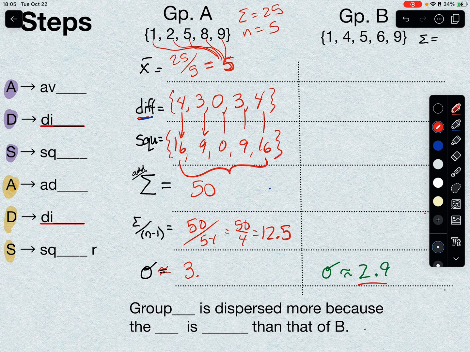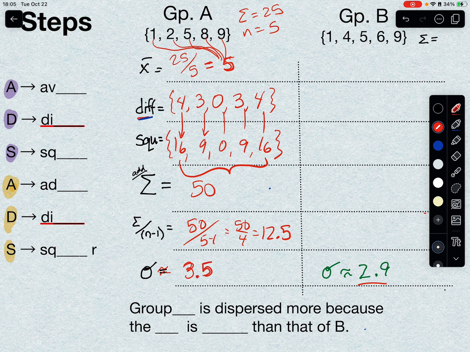I think, I'm going to grab my calculator. Second square root. Always hard to find on a calculator. Of 12.5. Okay, I got 3.535. So I'm going to round that off to 3.5.